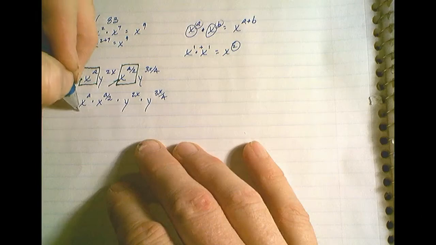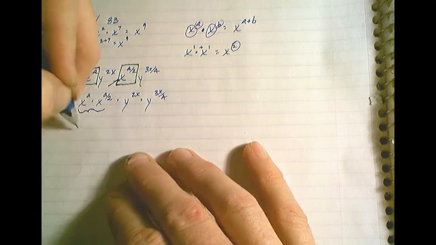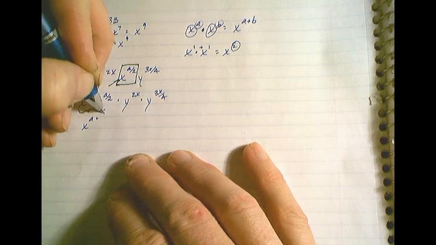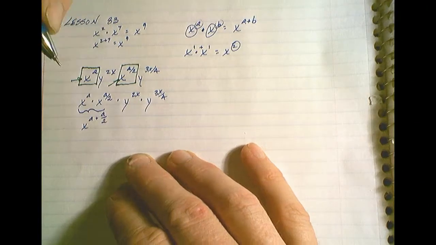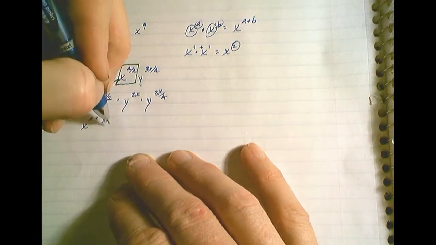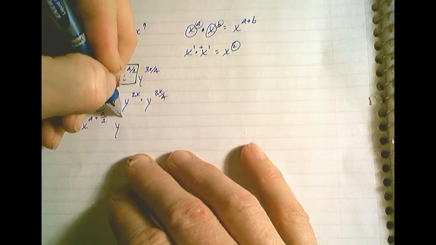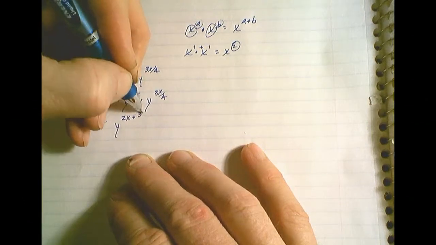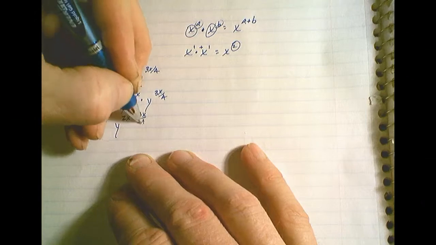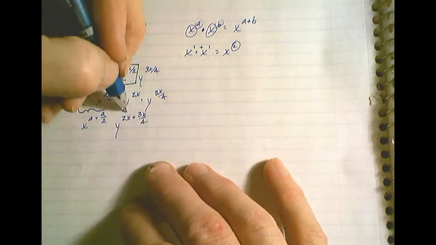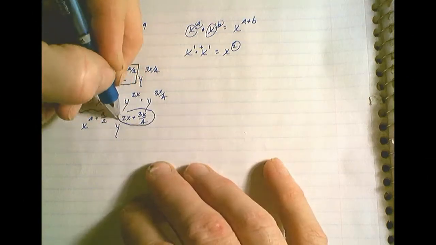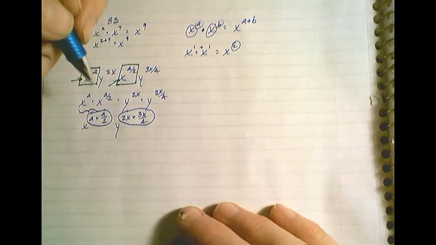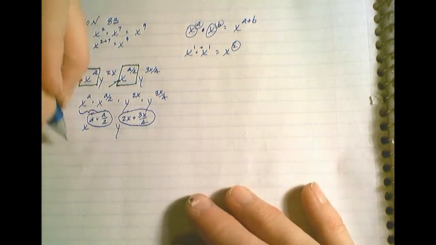Now we can take this and write it as x to the a plus a over 2, y to the 2x plus 3x over 4. Okay, so now I've got my y exponents and I've got my x exponents, and now I'm just going to add my exponents together.